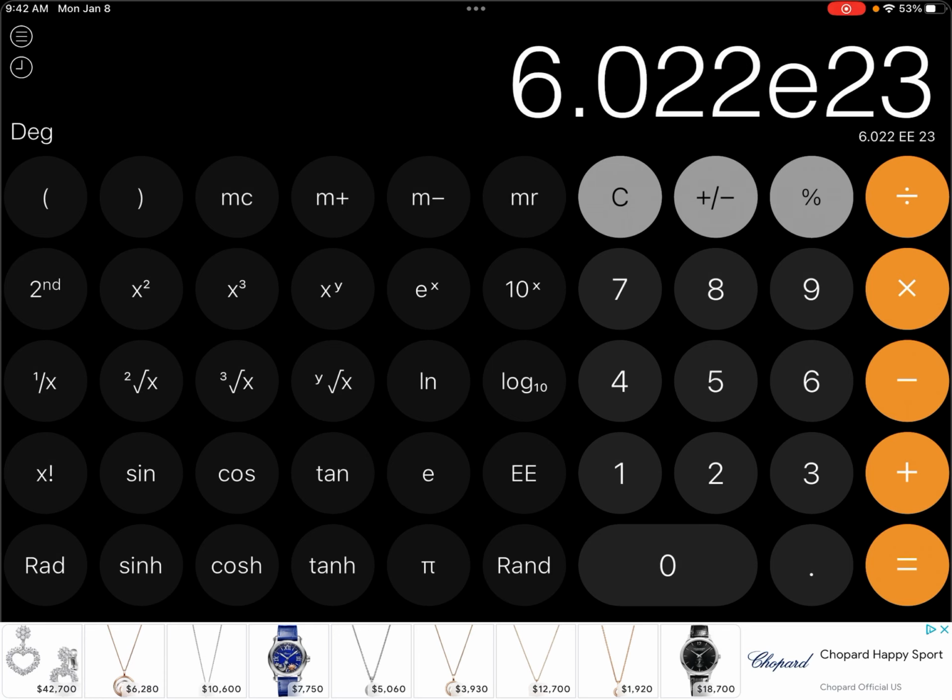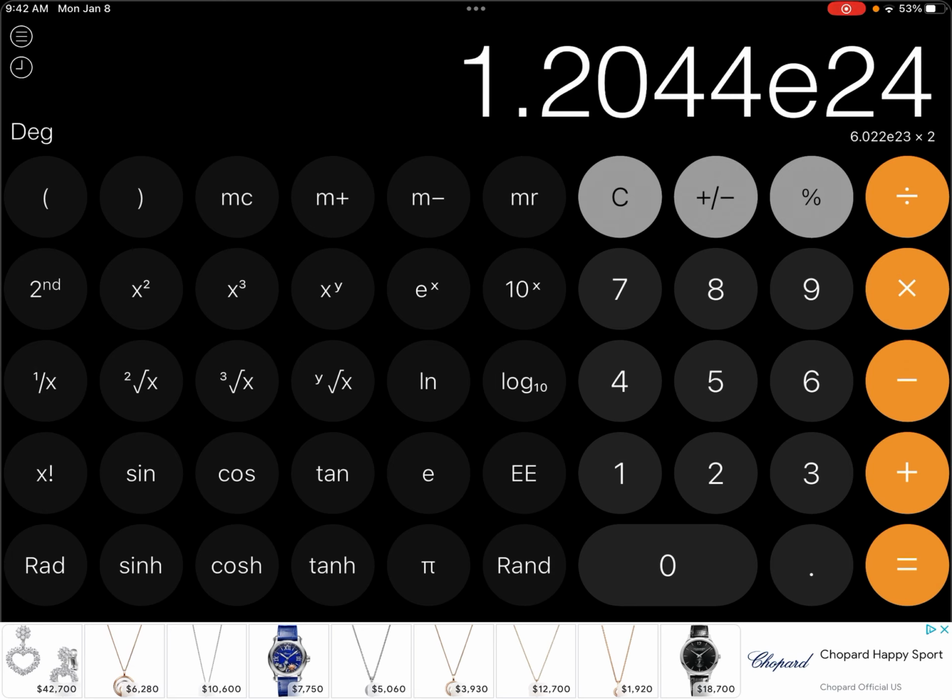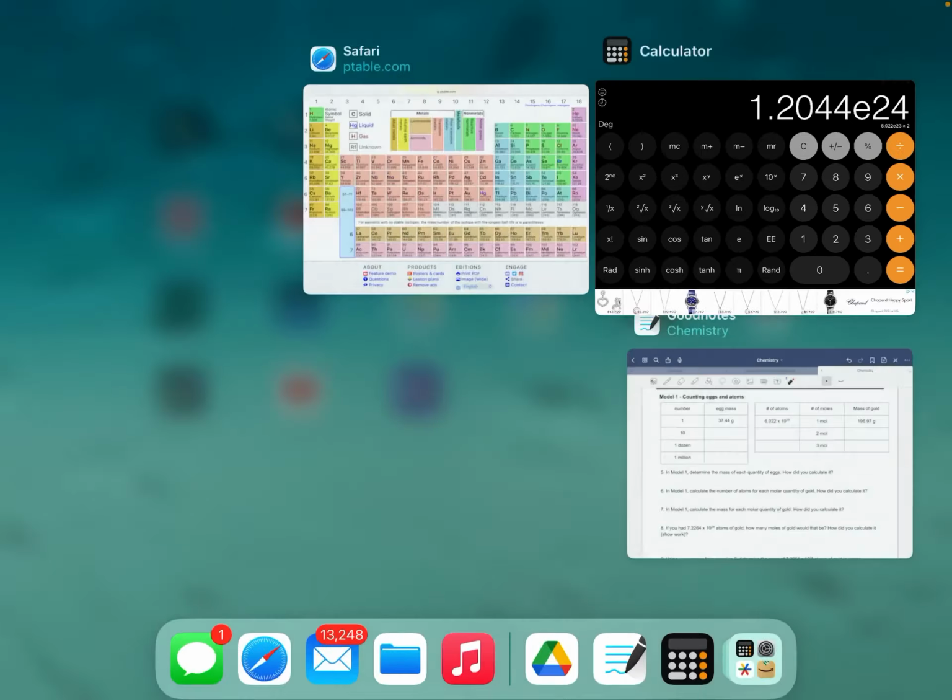That gives us Avogadro's number. The E stands for times 10 to the 23rd, and we're going to multiply that by 2 in order to figure out how many atoms are in 2 moles of gold. Then I would just round this to 1.2, and the E means times 10 to the 24th.